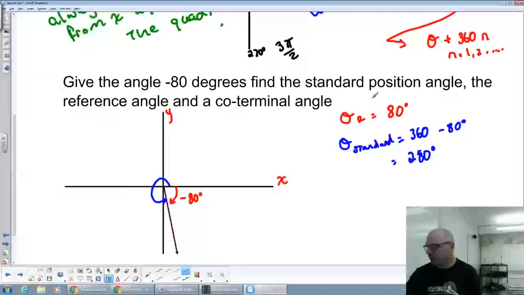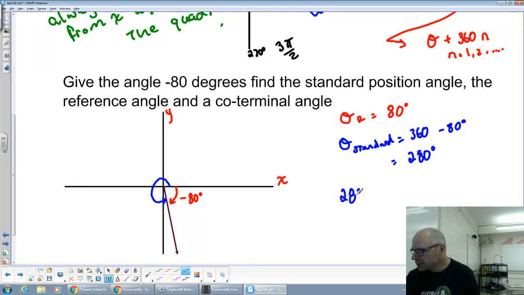And then the last thing I asked you, a coterminal angle. A coterminal angle could be 280 degrees plus any multiple of 360.